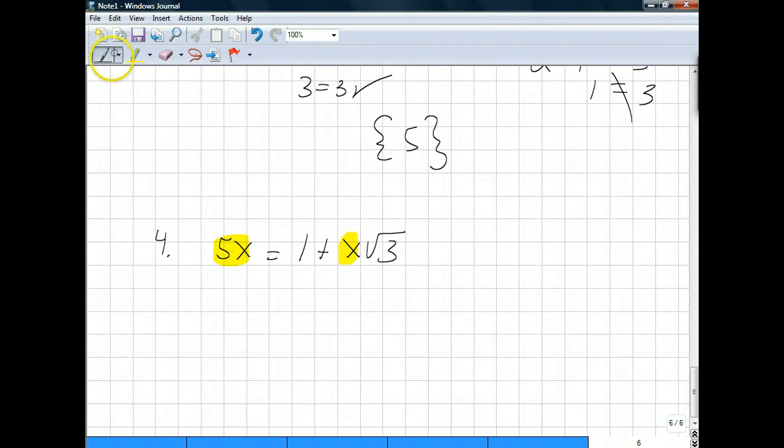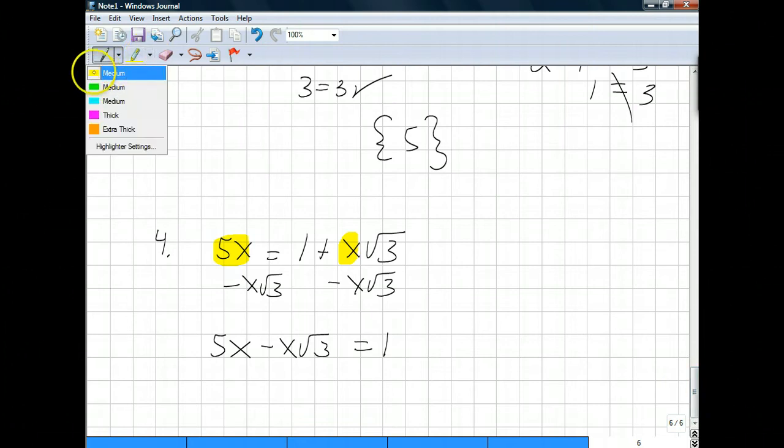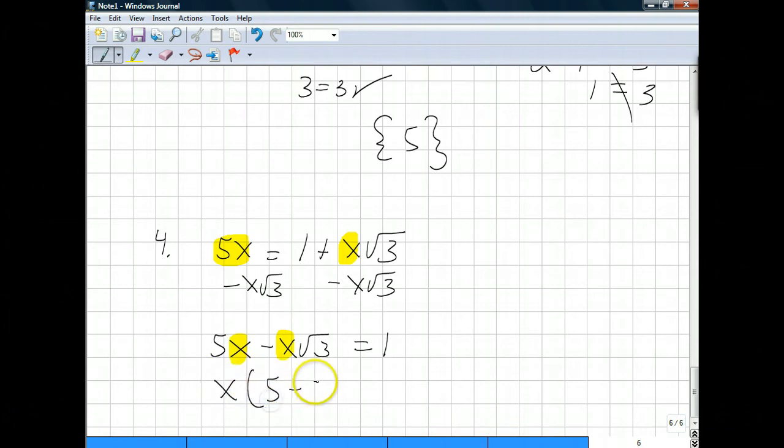What we do is we get everything with the variable on one side and everything else on another side. So I'm going to subtract x square root 3 from both sides. So I get 5x minus x square root 3 equals 1.